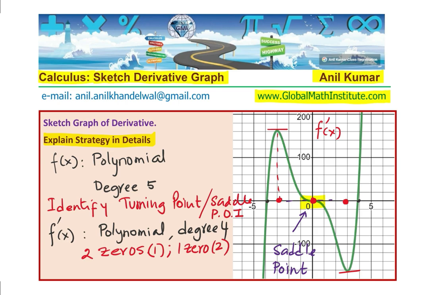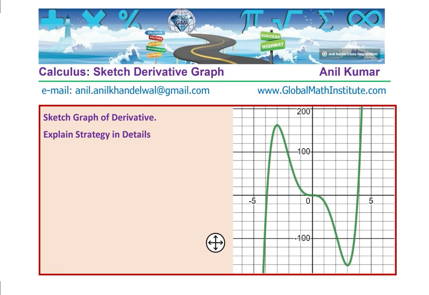The simple part is to identify intervals where the graph is increasing or decreasing, right? So let's identify the third thing, which is where the graph is increasing and where the graph is decreasing. Okay, so let's move on to the next page just to help develop this concept.